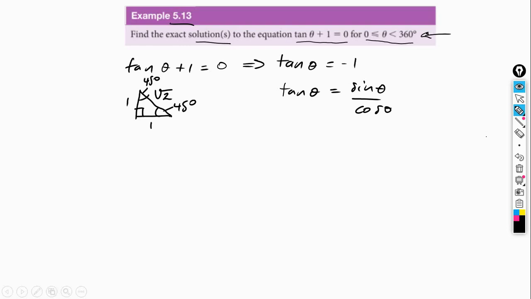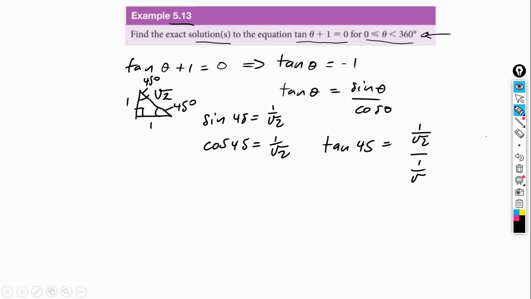This is 45 degrees as well. And then we know that sine of 45 is equal to 1 over square root of 2. And we also know that cosine of 45 is also equal to 1 over square root of 2. Therefore, tangent of 45 is equal to 1 over the square root of 2 divided by 1 over the square root of 2, which gives us 1.